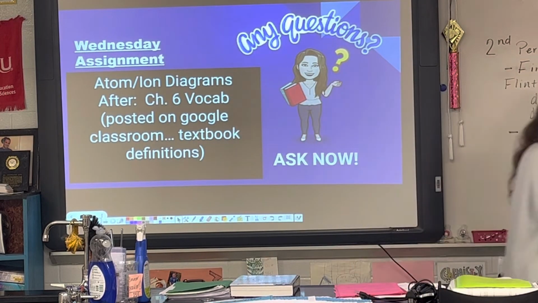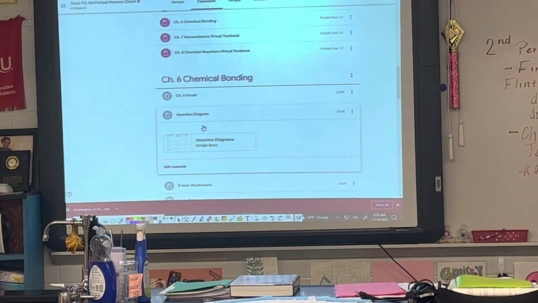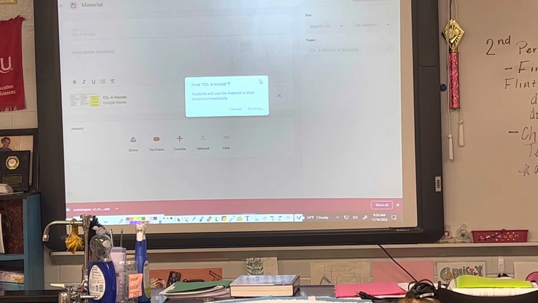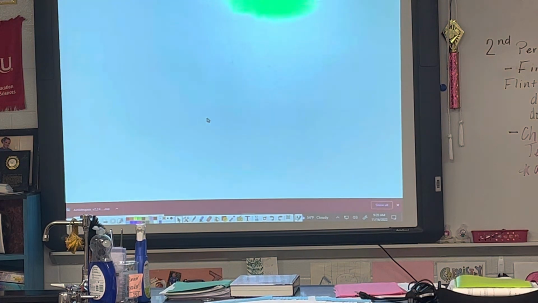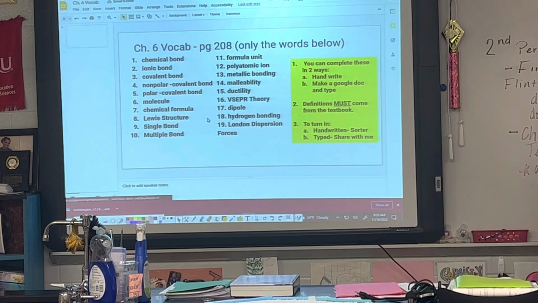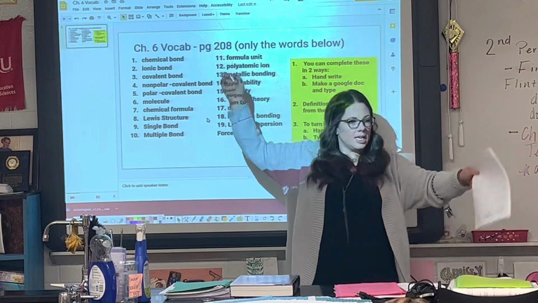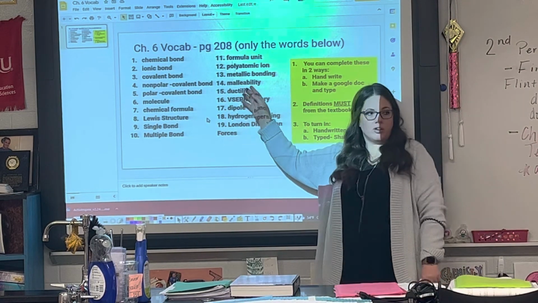Now I posted it in Google Classroom because I don't want you to do every word in chapter 6. So if you go to Google Classroom, and look at chapter 6 vocab, there's a slide and it says only do these words. The words are on page 208 in the textbook that's right here in the front, but only do these words, only these that are on this screen.